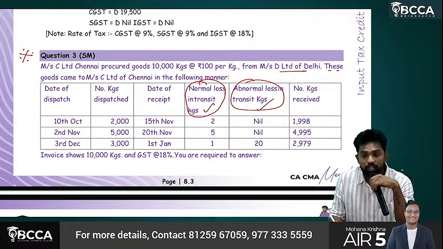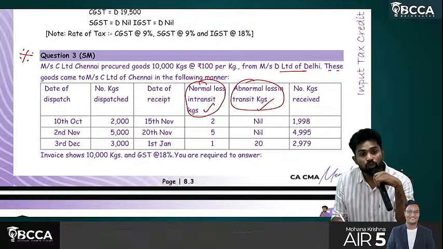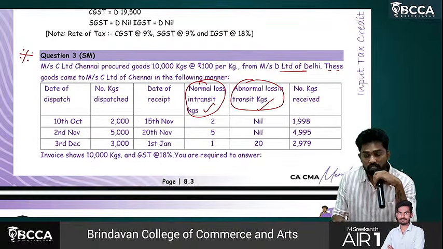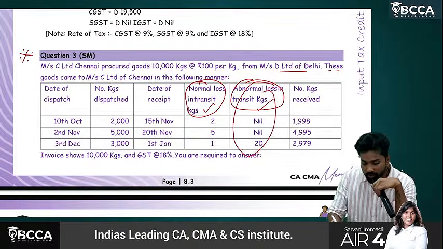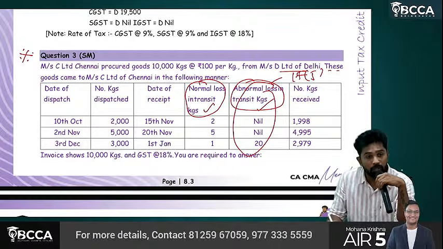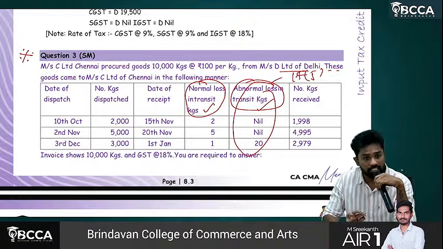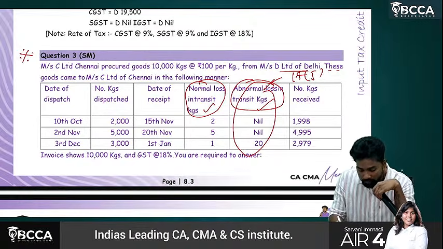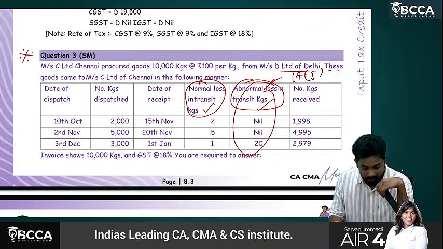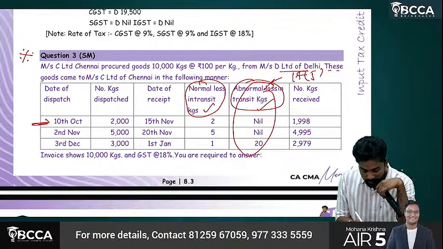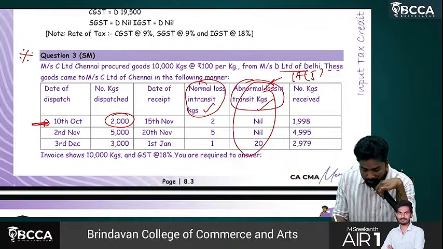Abnormal loss is also there. But with respect to normal loss, there is no restriction, sir. Only with respect to abnormal loss, 17 subsection 5 blocks the credit. So with respect to normal loss, the credit is not restricted. Only with respect to abnormal loss, we cannot avail ITC. See, on 10th October, there is 2000 kgs dispatched, but received how much?